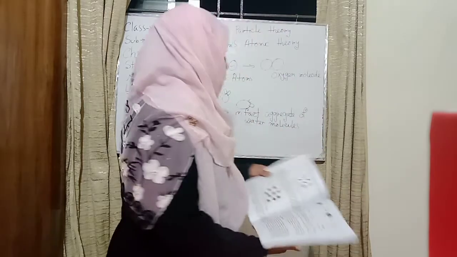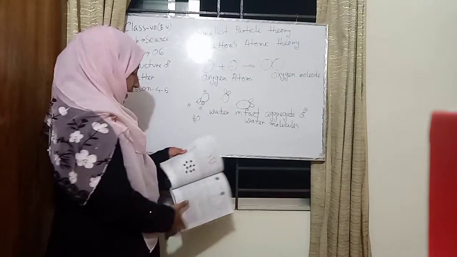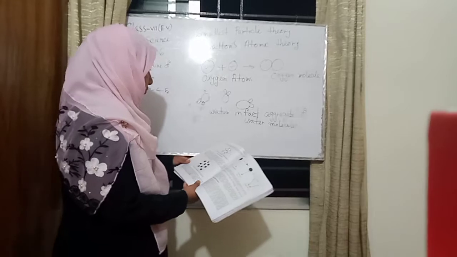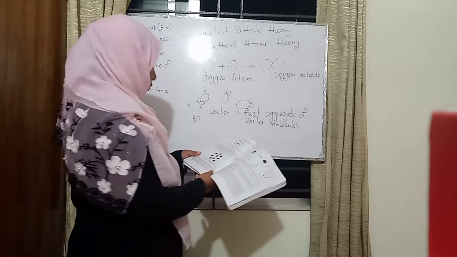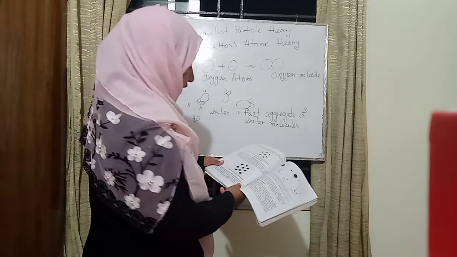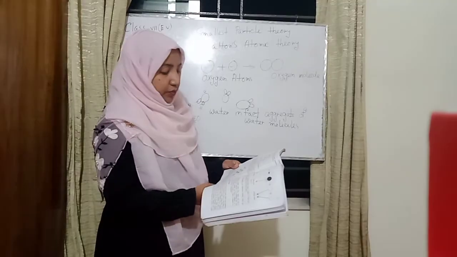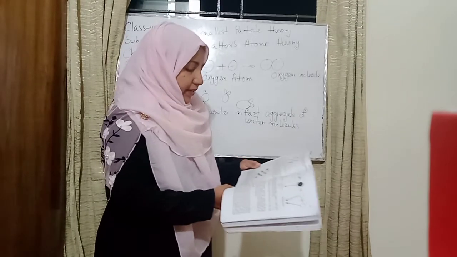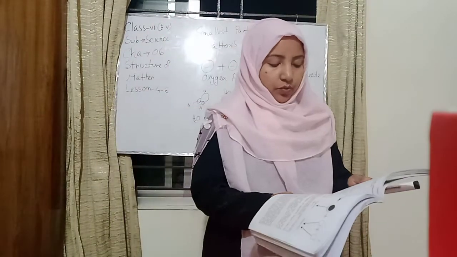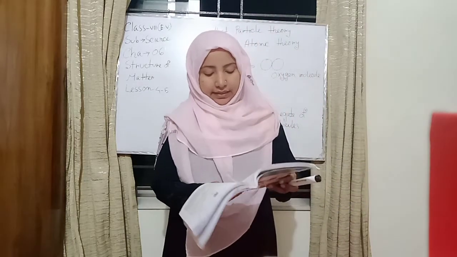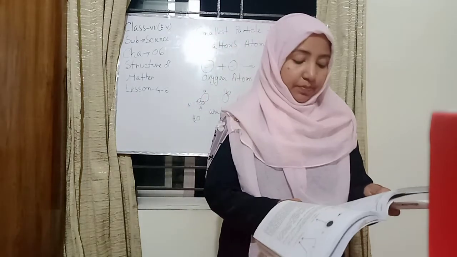Now, the formation of this structure, again we also see this board. Here, water is in fact an aggregate of water molecules. If we break down a water molecule, we will get smaller particles. However, they cannot stay free or independent.